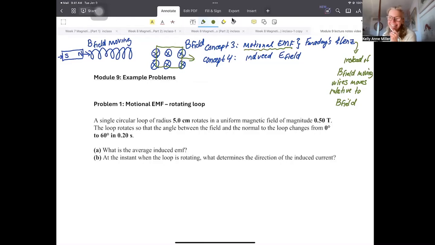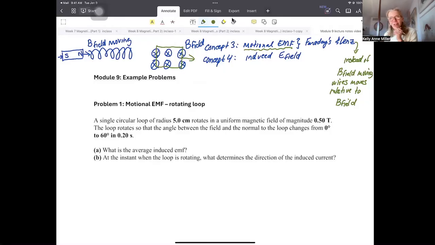But I just want to make it clear that motional EMF is the exact same principle as Faraday's law and Lenz's law. It's just looking at motion from the opposite perspective. Instead of moving the magnet relative to the wire, the magnetic field is stationary and you're moving the wire relative to the magnetic field.